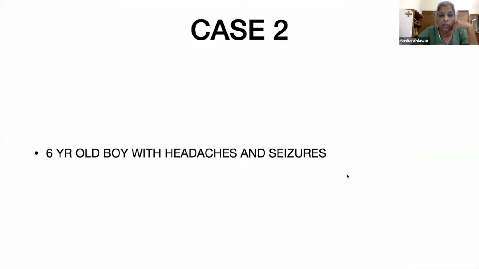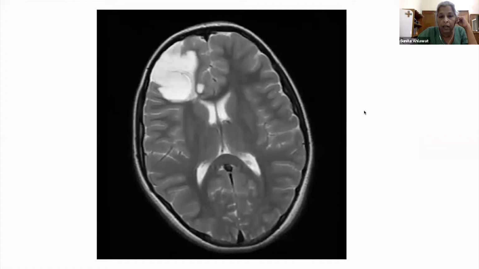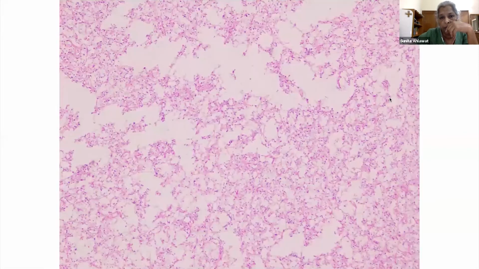Case number 2 is a 6-year-old boy with headache and seizures. When his MRI was done, it showed a predominantly cortical tumor in the occipital lobe.